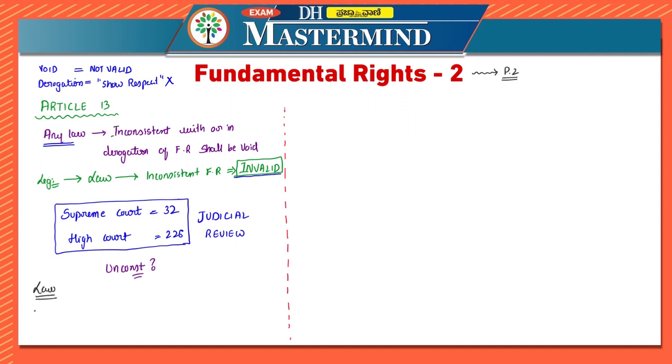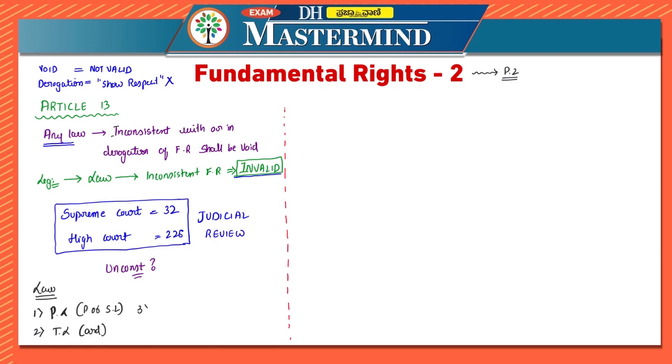So it includes a permanent law enacted by either Parliament or state legislature. In case there is a temporary law, what is a temporary law? It is an ordinance, correct? It is an ordinance issued by the President or state governors.